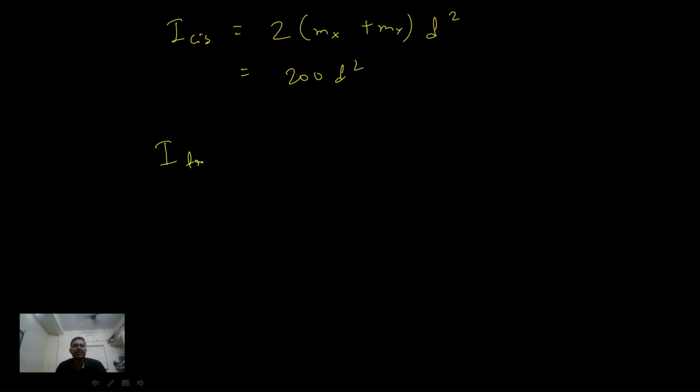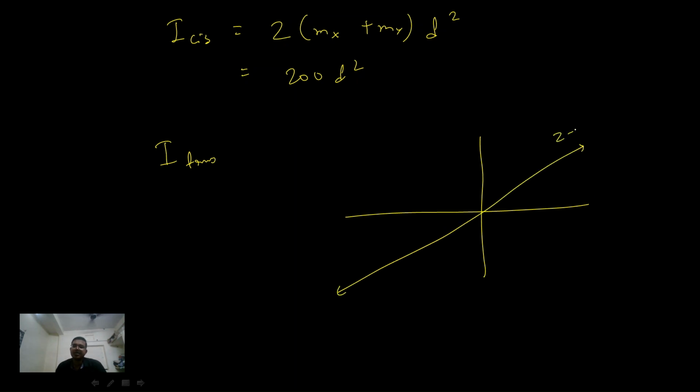Let's calculate I of trans. Here both the X are present on the Z axis, so we don't need to worry about X. We can directly write 2 times m of X times 0 squared. Next, Y and Y are present here, so plus 4 mY times d squared.